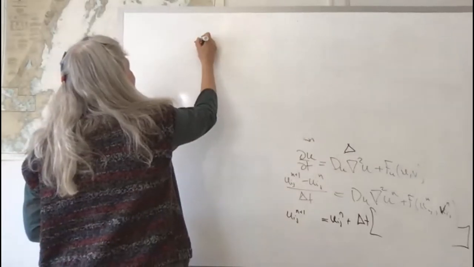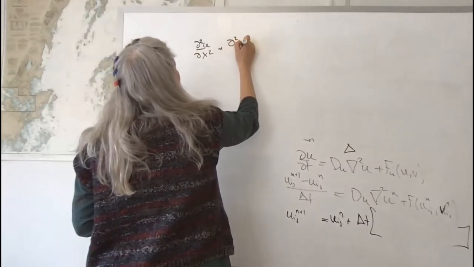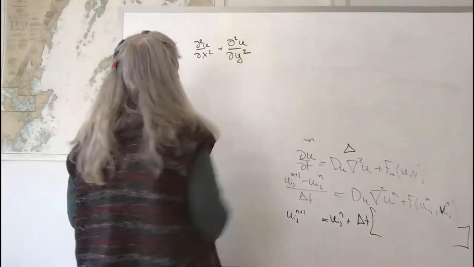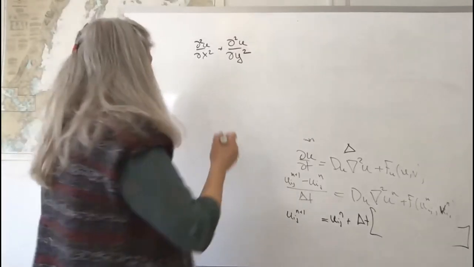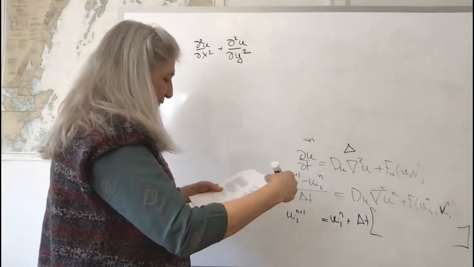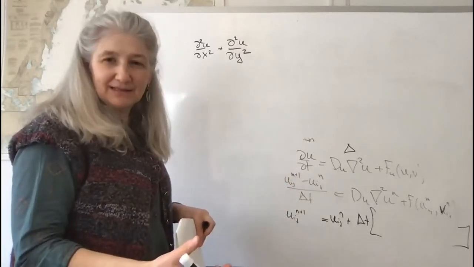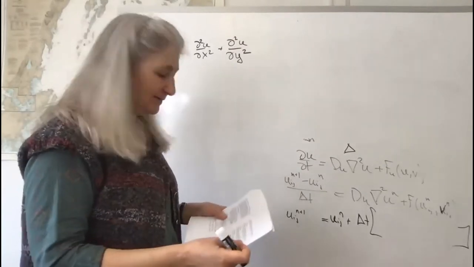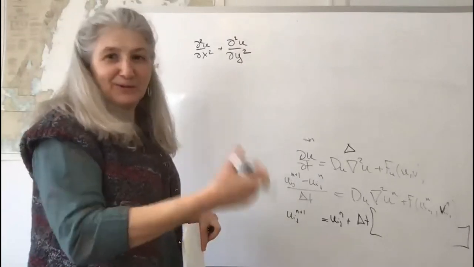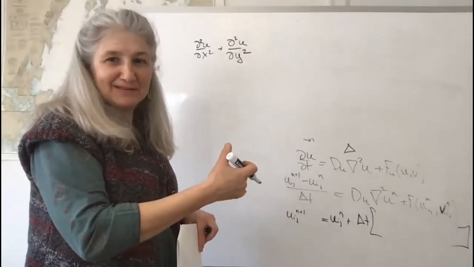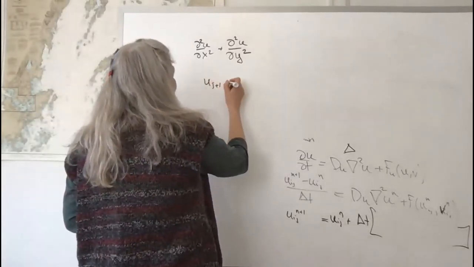So I need approximations for d squared u dx squared and d squared u dy squared, like that, from the grid. We talked about approximating derivatives on discrete grids before, so I'm going to write down an approximation, and I'll show you that it's good to one order past. I think it's a first order approximation.